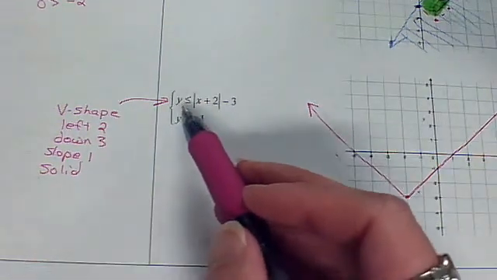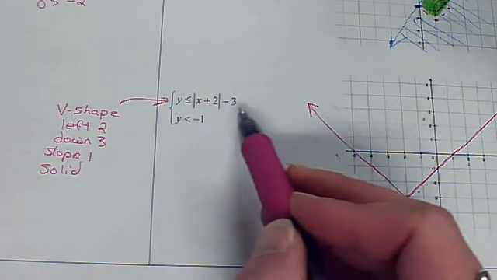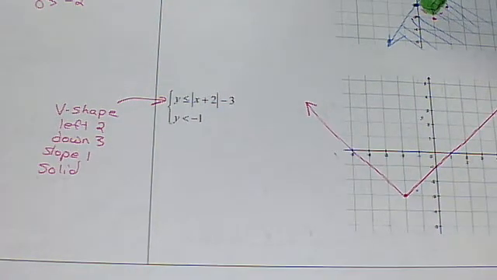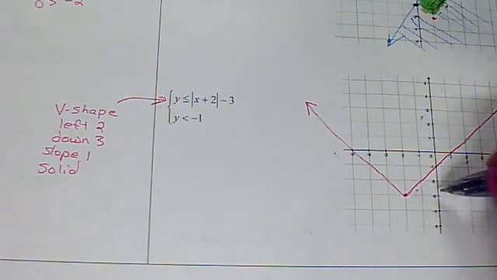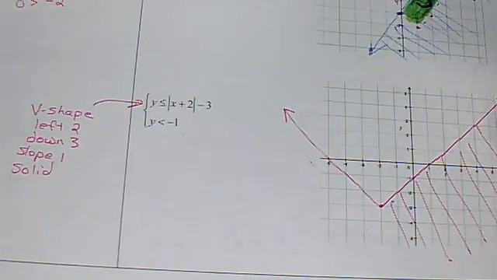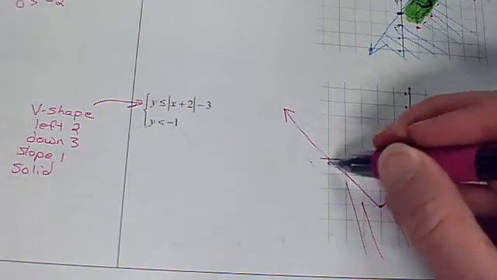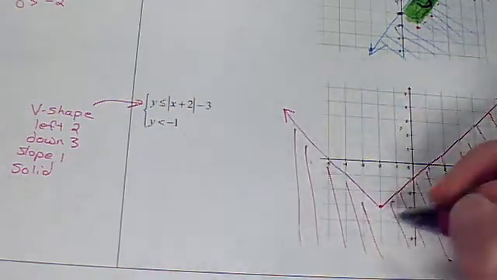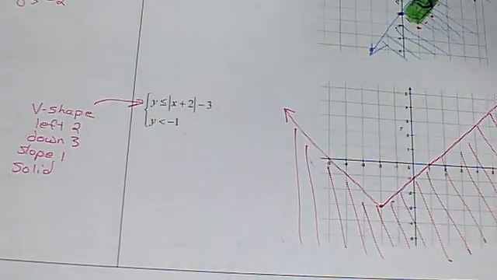It says we want the y values that are less than that graph. Less than that graph, that would be going this way. So it's underneath. Now if you had colored pencils, you can make this a lot prettier. I'm just going with striping right now, but colored pencils probably would make it pretty.